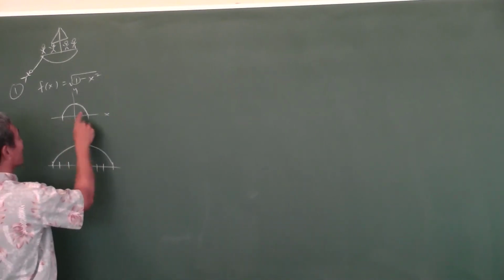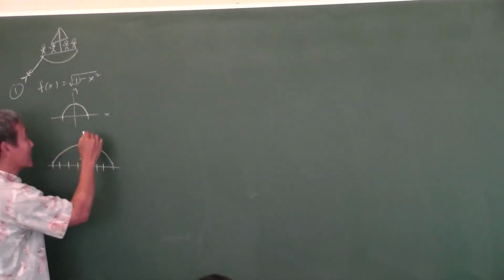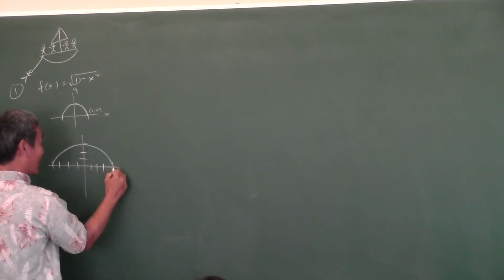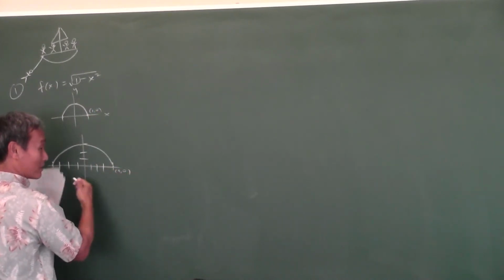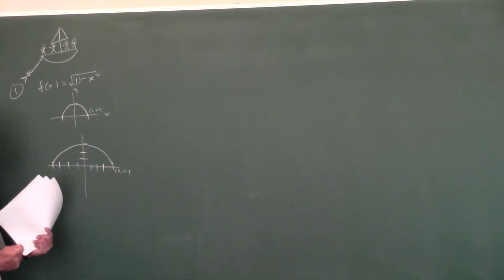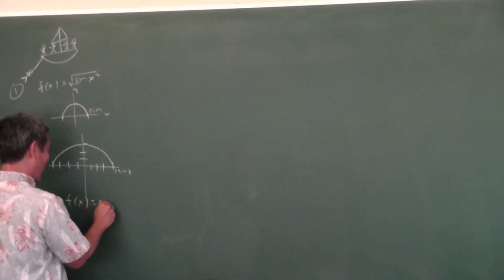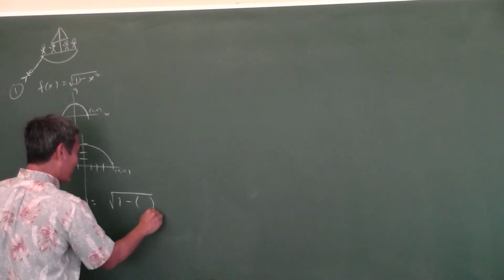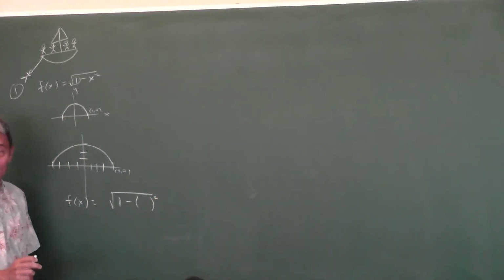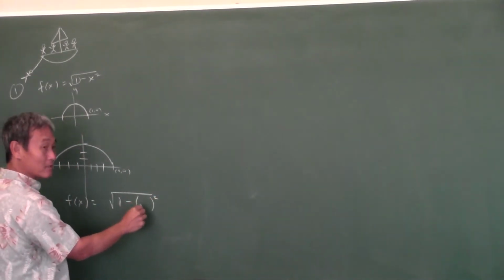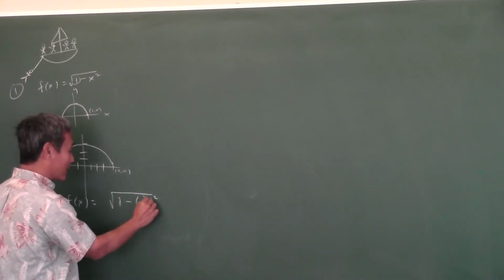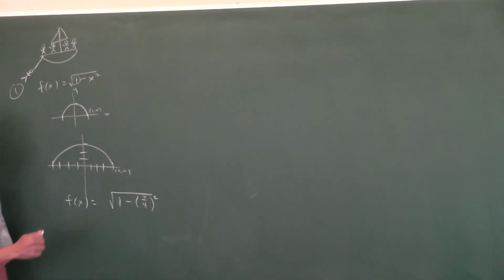Look at the point. This is the point (1, 0). Now it's (4, 0). The graph stretched horizontally by a factor of 4, right? How do you make a graph stretch horizontally by a factor of 4? What do I have to substitute for x for that to happen? 4x or x over 4? x over 4, because it's a horizontal stretch.